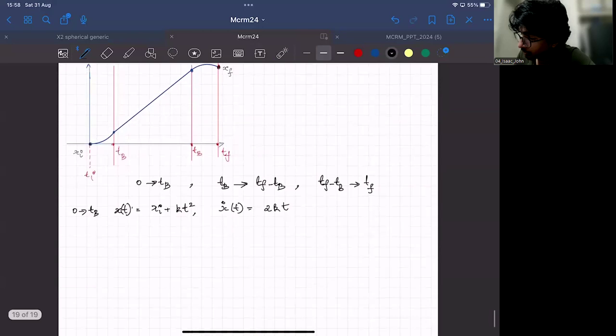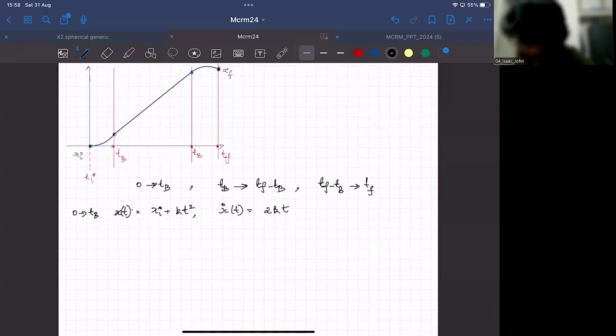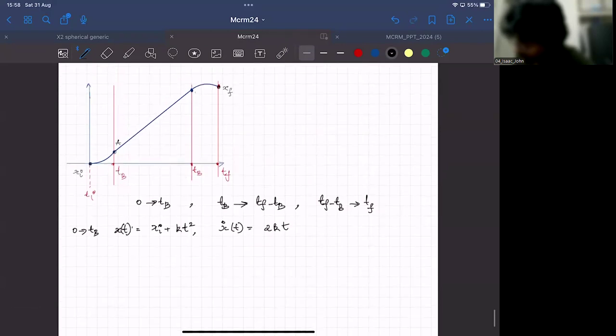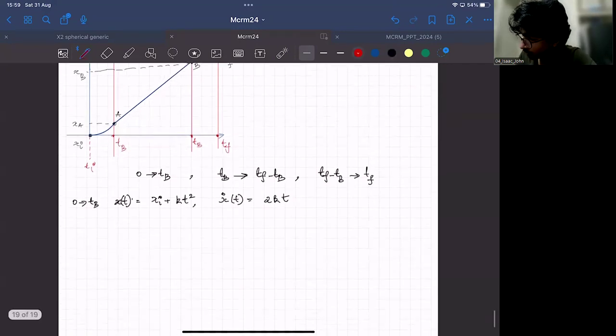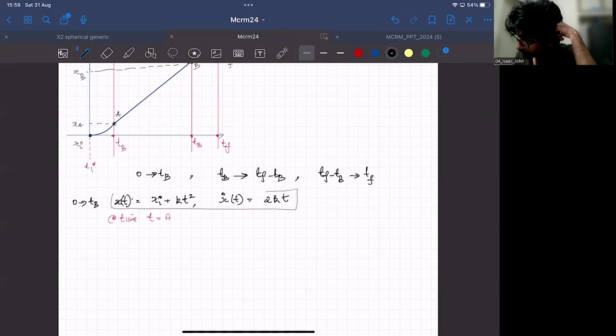So I'll label these blending points. I'll call this point A and this point B. And this position I'll call XA, and this position I'll call XB. So what will happen at time t equal to TB? I substitute simply the time TB into the previous equation, this one.